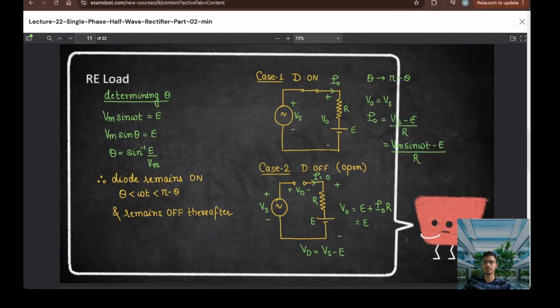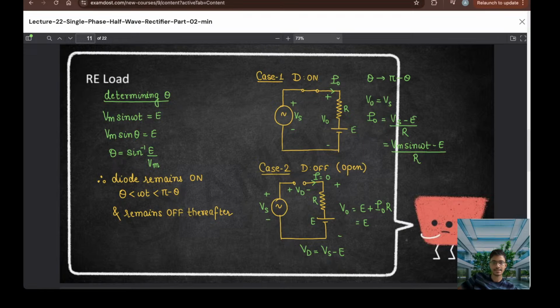Now determining theta, we can determine it when Vm sin theta equals E, so theta is sin inverse E by Vm. Not a very big deal to calculate theta. The diode remains on for omega t from theta to pi minus theta, when Vm sin omega t is greater than E. In this range it is on, that means short.